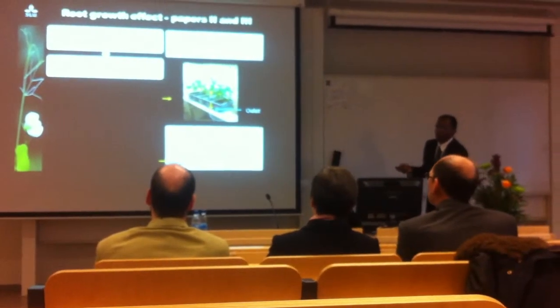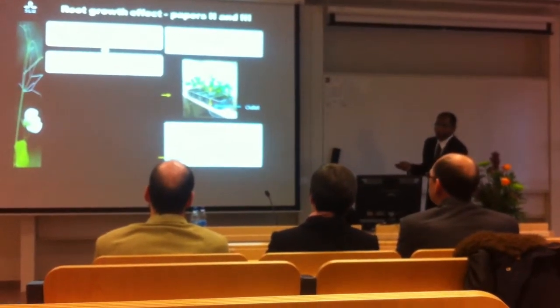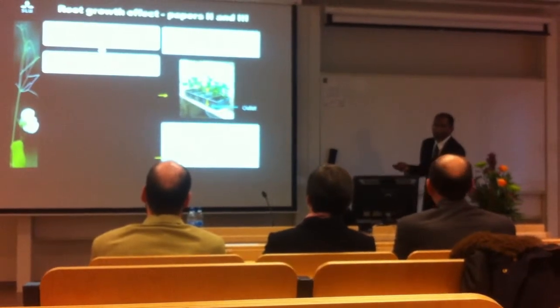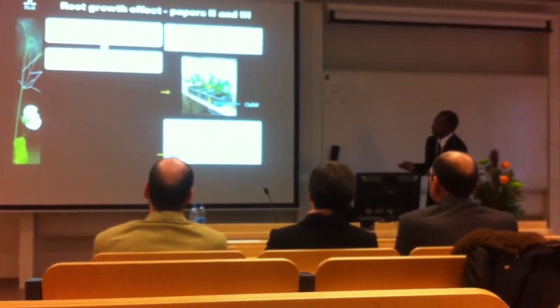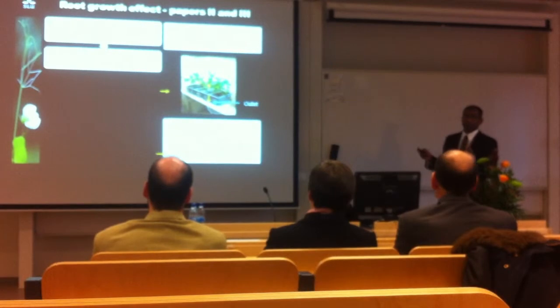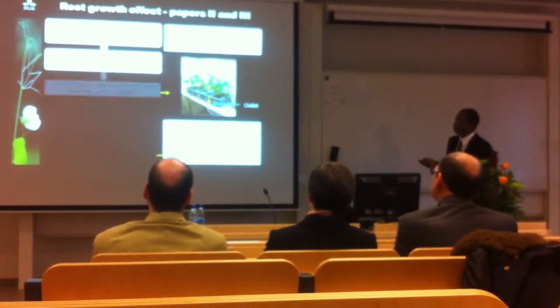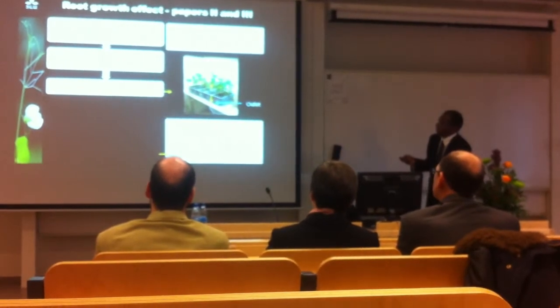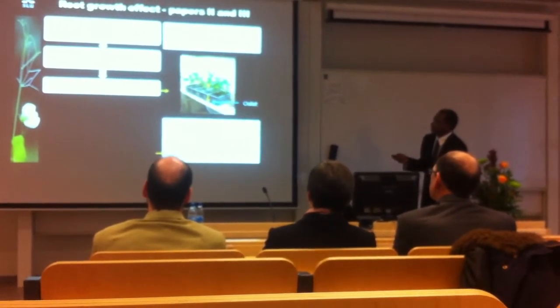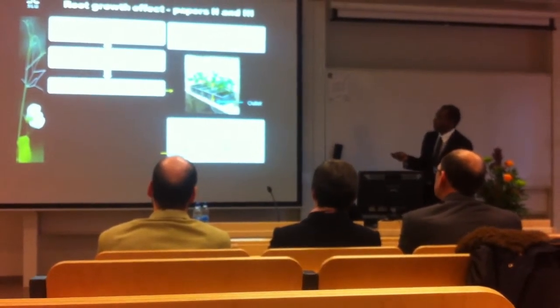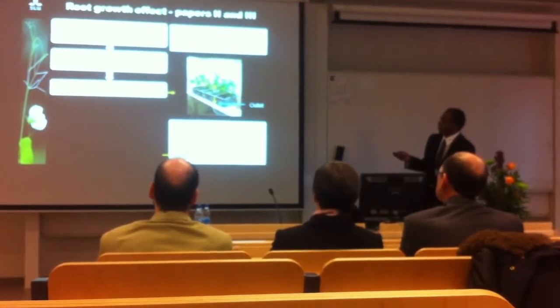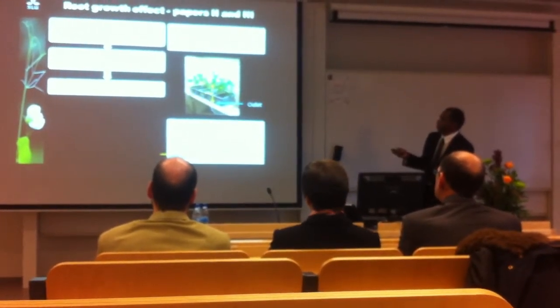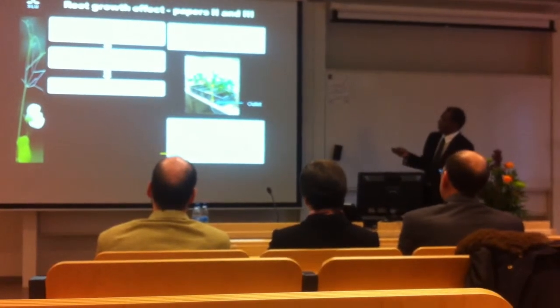So here these cover crops are grown for 11 weeks until they reach the flowering stage, at different nutrient levels, low and high. Before harvesting these cover crops, volatiles and soil samples were collected.